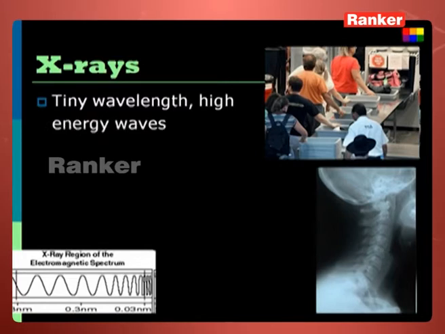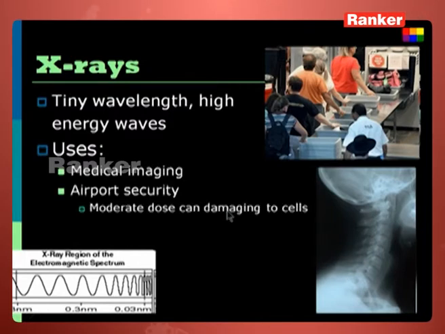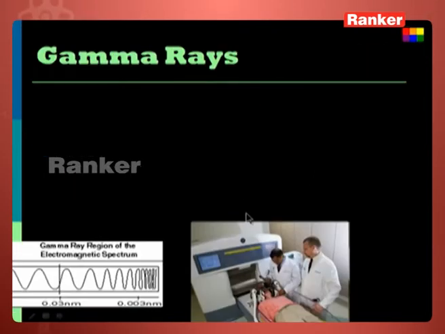They have high energy, high penetrating power, and small wavelength. They can be used in medical imaging. You can see the X-ray of this neck portion. A moderate dose is used in airport security systems.